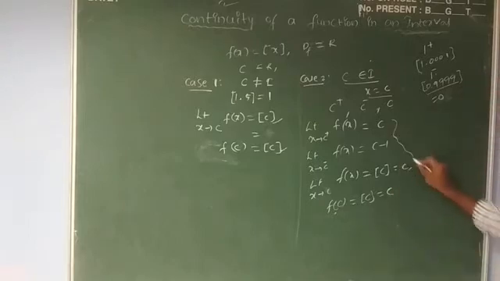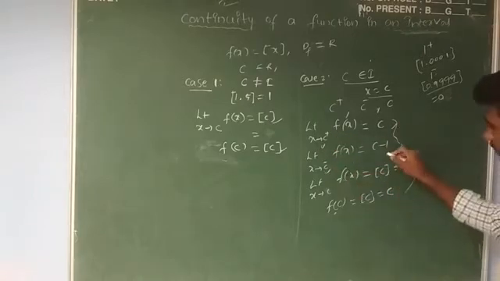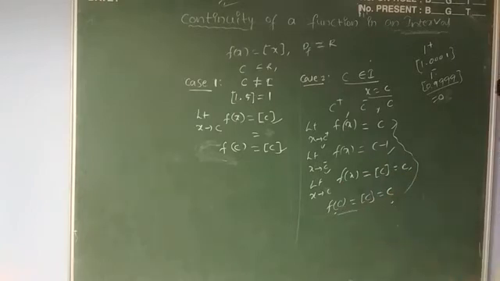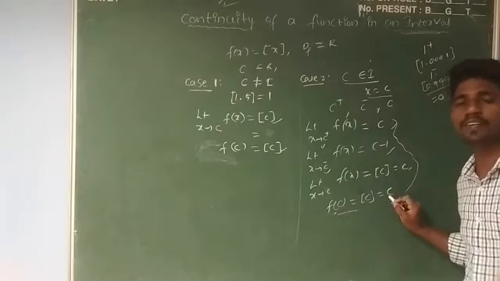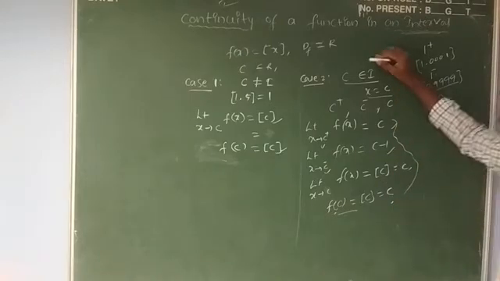Now check all this. At c plus it is c, at c minus it is c minus 1, and f of c is c. So all three values are different. So the function is discontinuous for x belonging to integers.